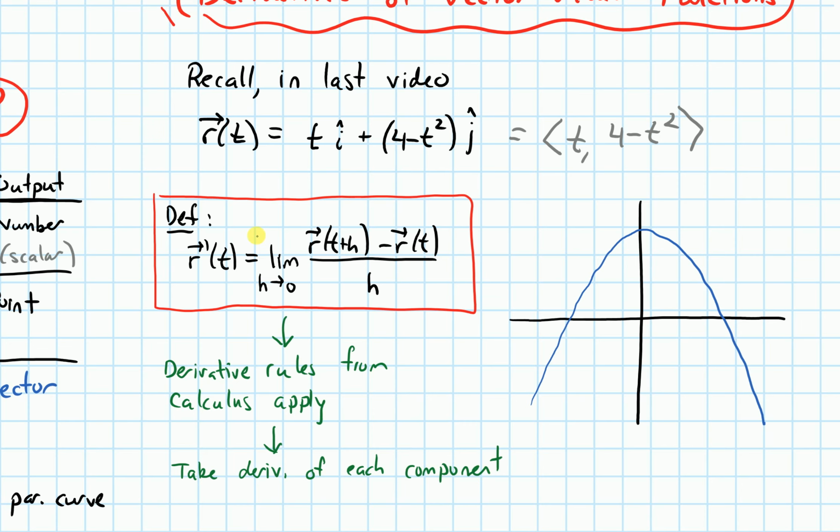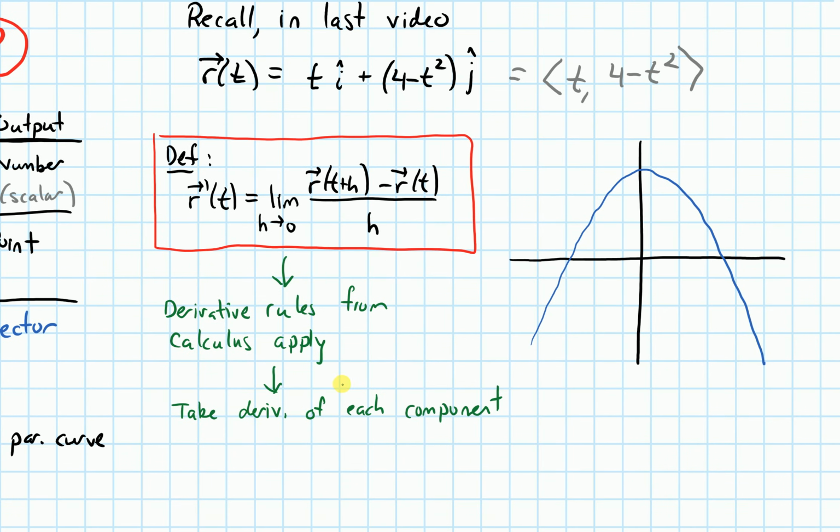Okay, so if we use this limit definition of the derivative, we can show that all the derivative rules from calculus apply if we wanted to. I'm not going to focus on that. Instead, I just want to talk about what the derivative represents visually and do examples where I take the derivative. So in practice, to do that, I just take the derivative of each component.